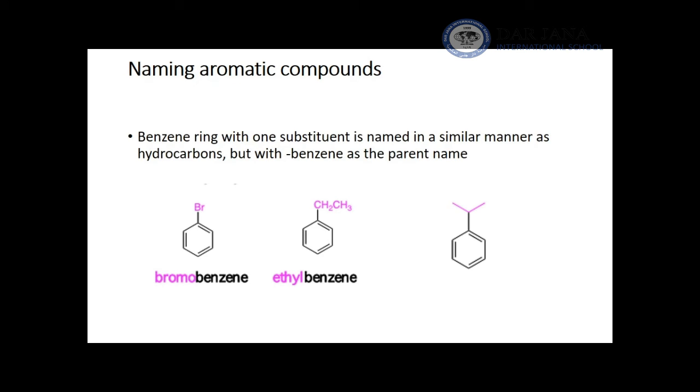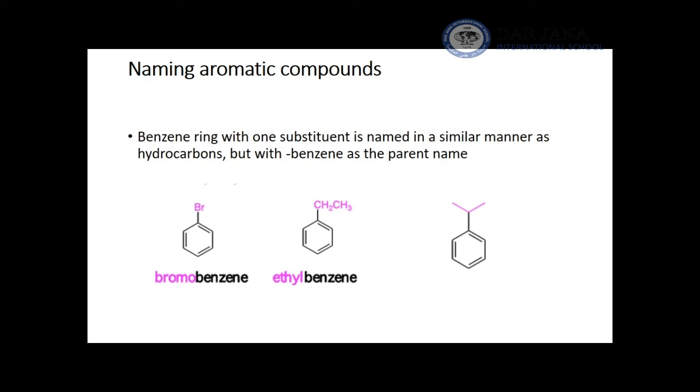In this slide, I will show you how we can name aromatic compounds, compounds that contain benzene ring. So benzene ring with one substituent is named in a similar way as hydrocarbons, but for sure you have to put the parent name benzene.